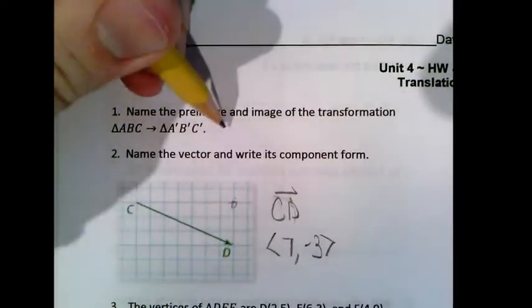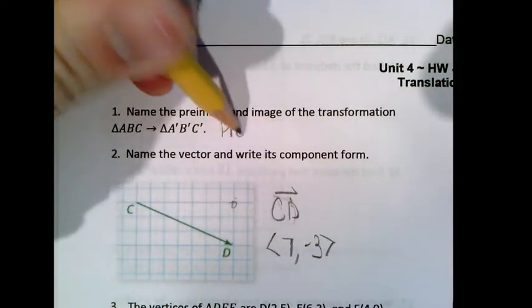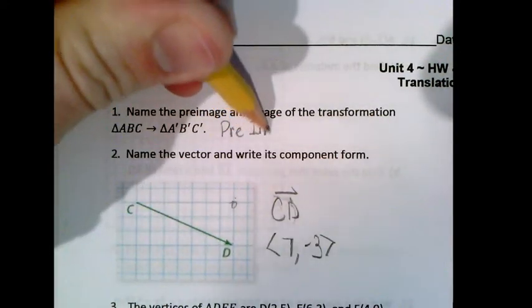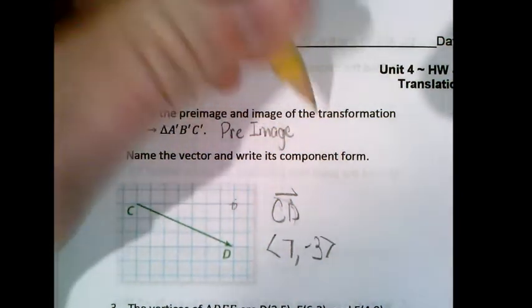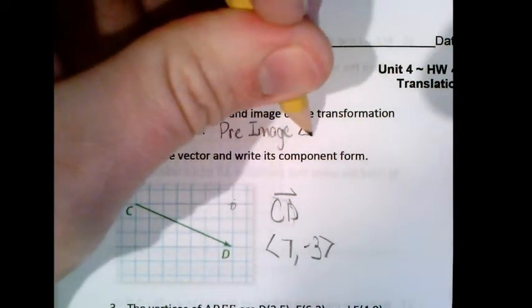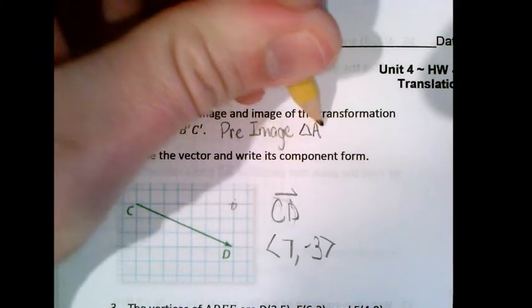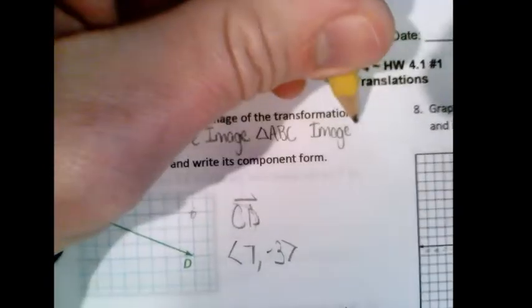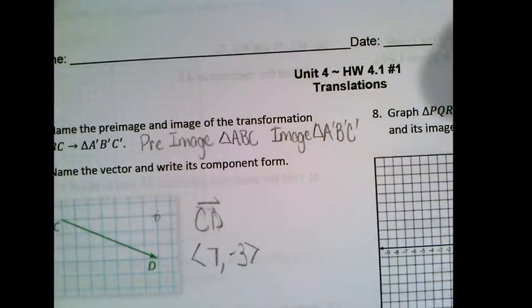So all you need for that one is the pre-image is triangle ABC, and then the image is triangle A prime, B prime, C prime. That's all I wanted.